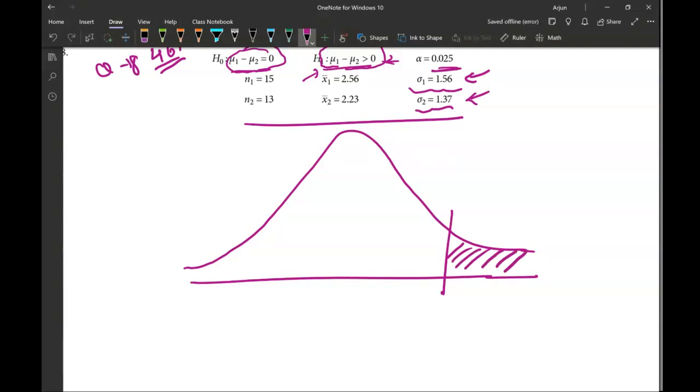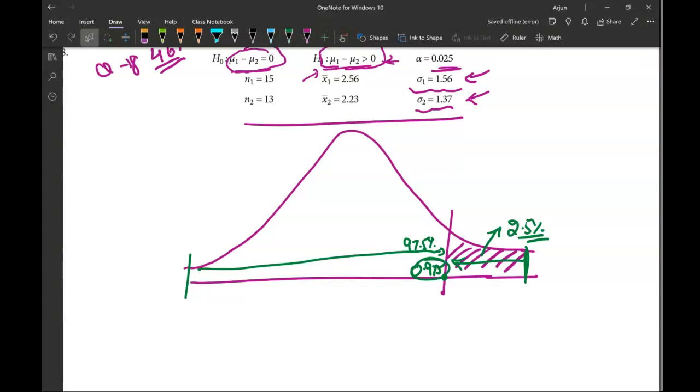So this is the tail. The value down here for the probability will be 0.975, because this portion is 2.5% of the total area. The total area is 100%, so you go back, and that gives you 97.5% of the area from here to here. That's why I've written 0.975.